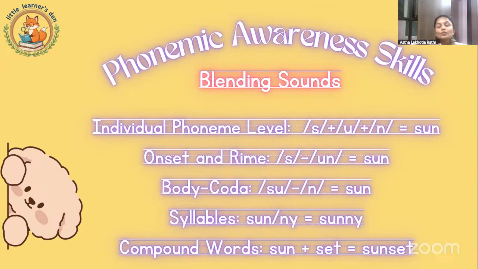This will be achieved once we get an understanding of the individual phoneme level and once the child starts identifying word families. Now body coda is su-n. They are basically blending the first two sounds and then going ahead. That is body coda. And then syllables: breaking into syllables, sun, sunny. Compound word, sun, set. So we are progressing to get that level.